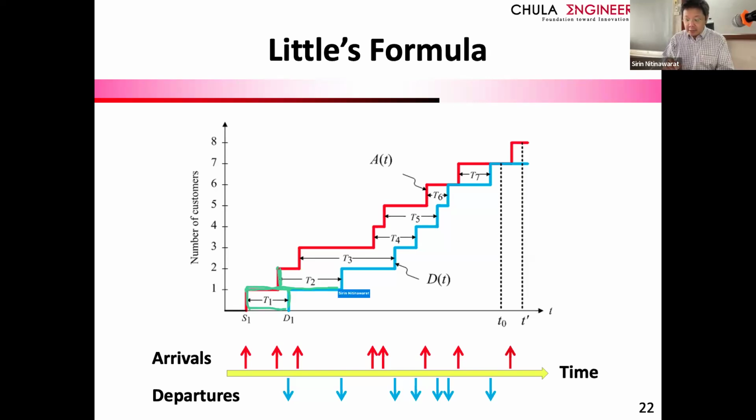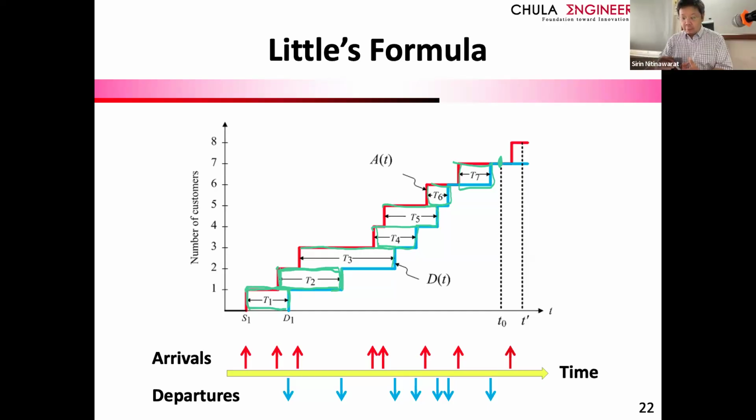But because the step size is 1, T2 times 1 is that area, correct? Similarly for T3, T4, T5, T6, and T7, until this time T0, which is the horizon under consideration for the normalized integral.